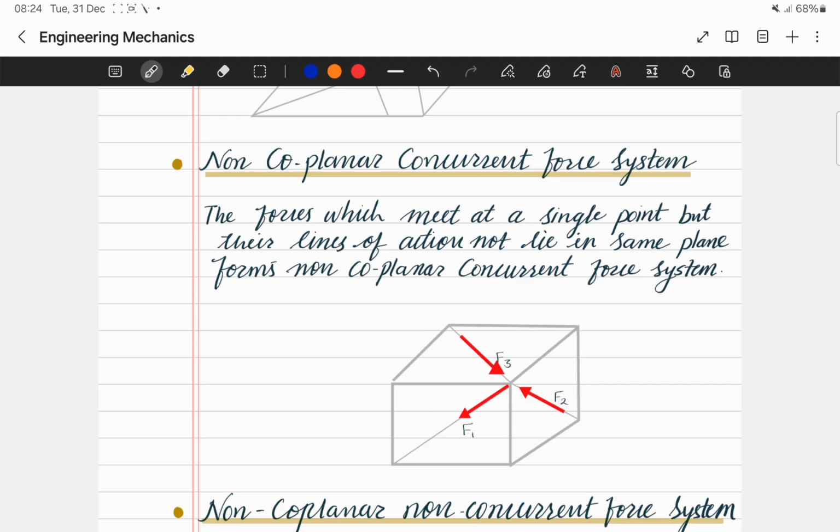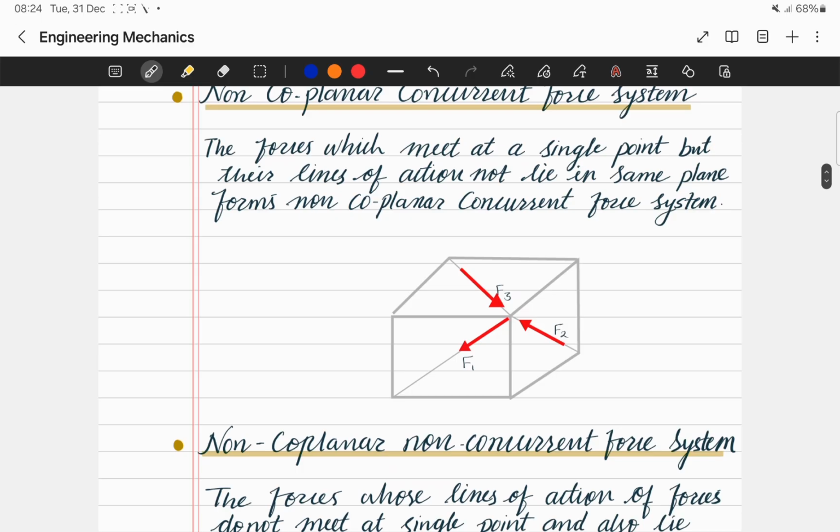Okay, so if we consider this diagram, F1 is acting along this plane. On this plane F1 is acting and the point of application is this point. If we consider F3 and F2, they are also acting on that same point.